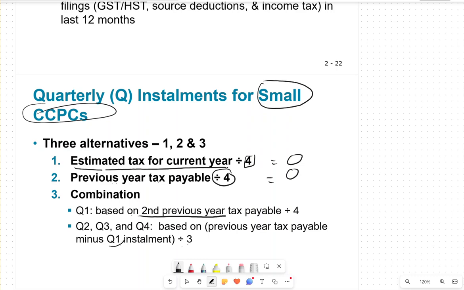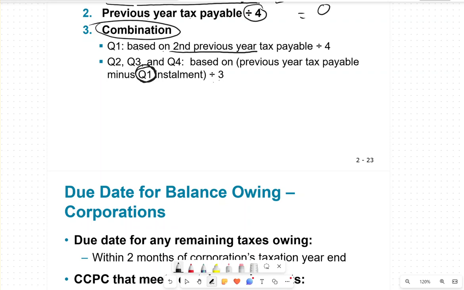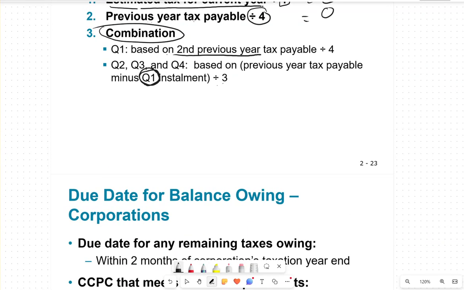So in this case, we don't make 2 quarterly payments, we only make 1 payment. It's a combination of your second preceding year and the one before that. So that's the previous year's payable. Normally, companies have a choice of doing quarterly if it's a small business; if it's a bigger corporation, they are allowed to do monthly.